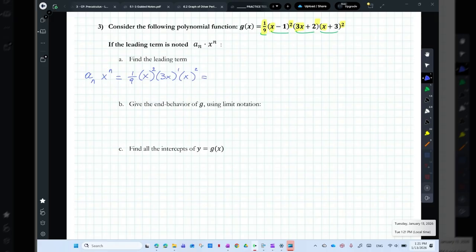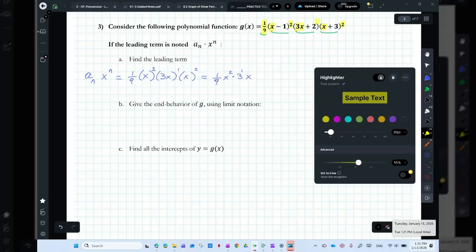Now here it's not really necessary, but I'm going to take this extra step to make sure that I cover all our bases. So here I will have 1 over 9. I'm going to apply each of these exponents. x squared is just x squared. 3x exponent 1 is 3 exponent 1 times x exponent 1.